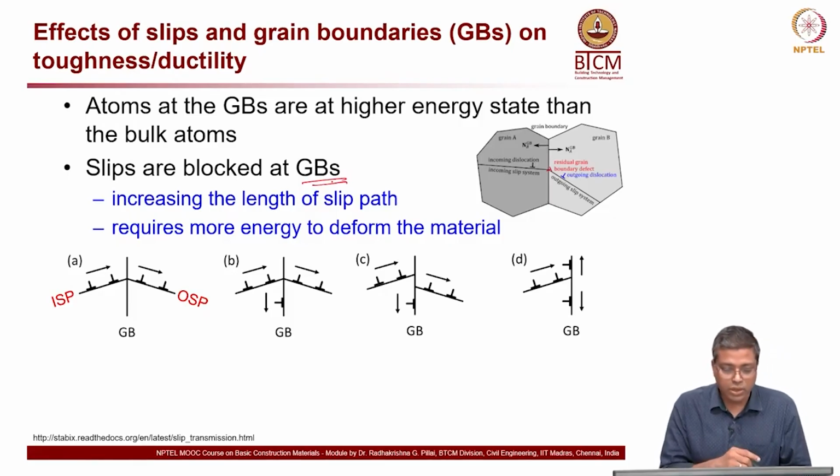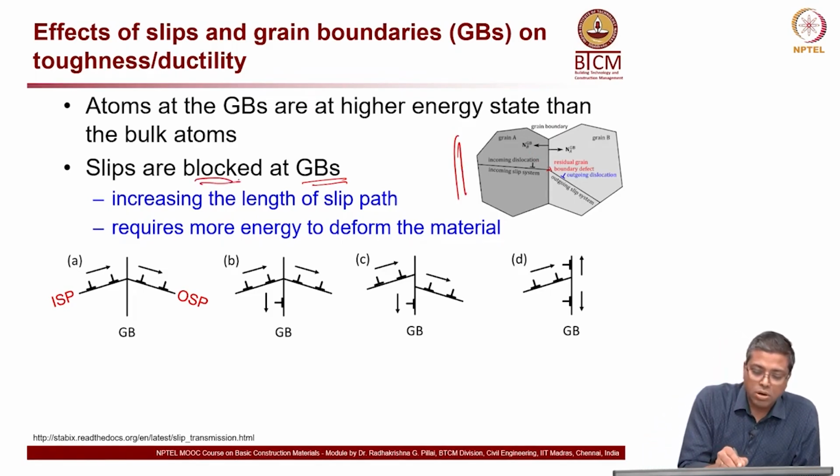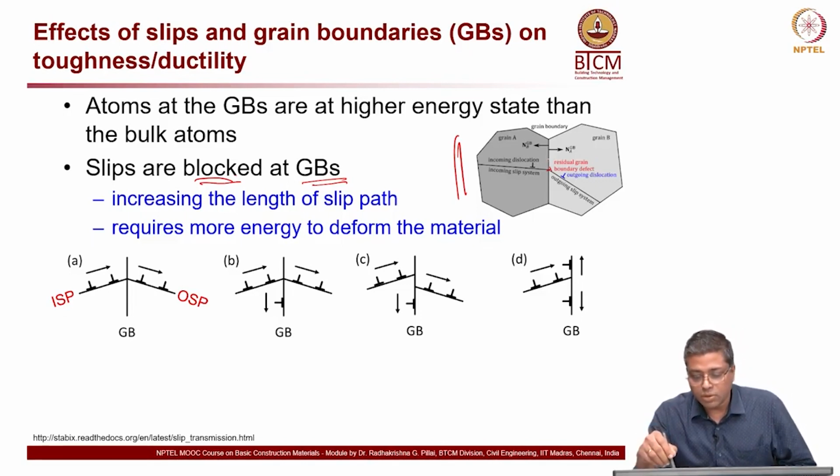We showed that drawing earlier, the same drawing I have repeated here. So, the slips are blocked because the grain boundary acts as a crack inhibitor, or it stops the crack from progressing.